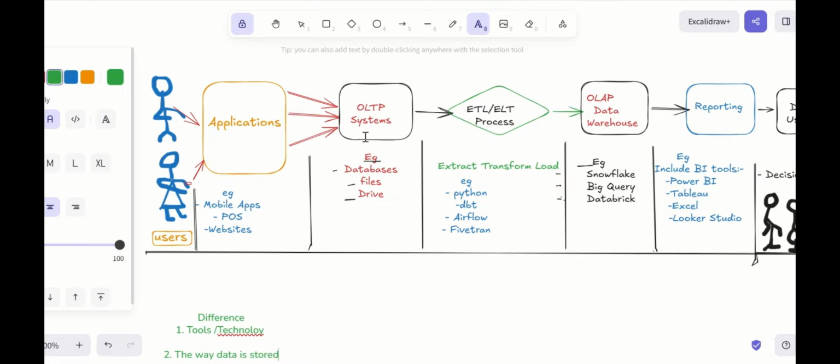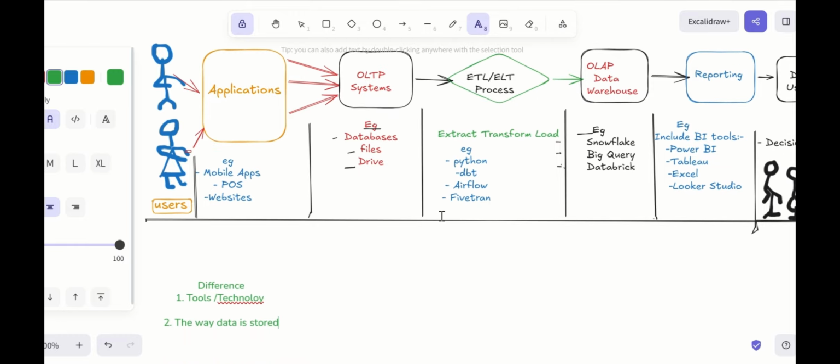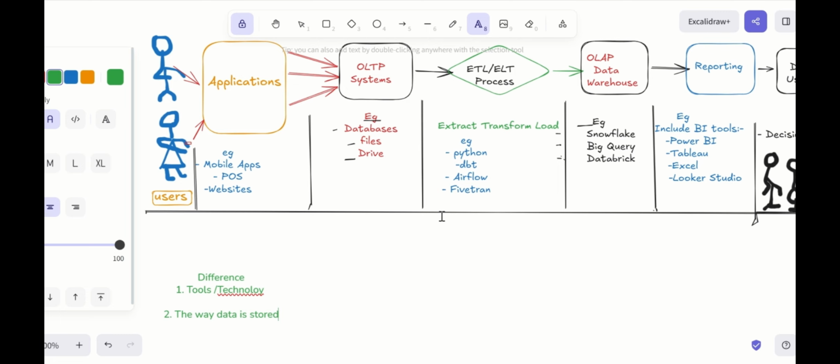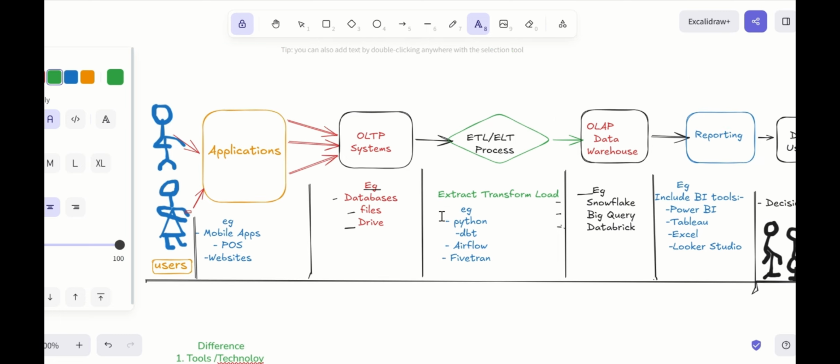For example, in this OLTP system, the data is stored in a way that allows fast transactions or operations, while in OLAP, the data is stored in a way that allows fast data analysis and reporting. So those are two differences between these two systems.